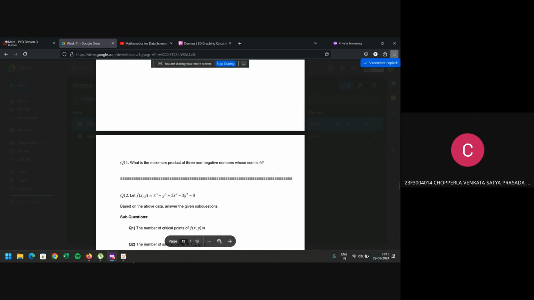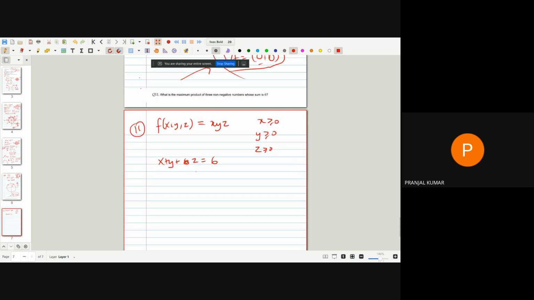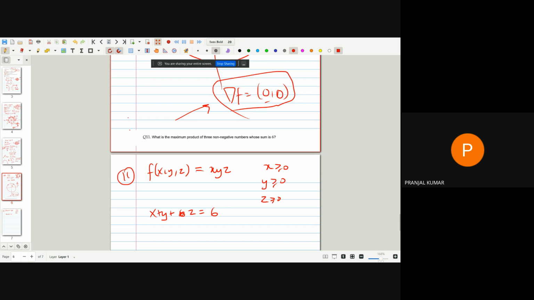I will paste this here. So first of all, you should be able to formulate this question. It is asking you what is the maximum product of three non-negative numbers.